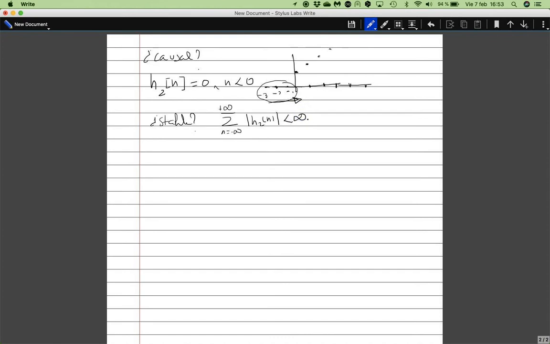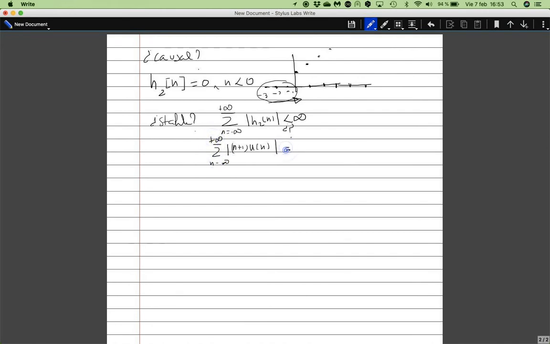If it is infinite, basically it will not be stable. So in our case, the summation will be of the absolute value of n plus 1 multiplied by u of n, from n minus infinity to plus infinity.